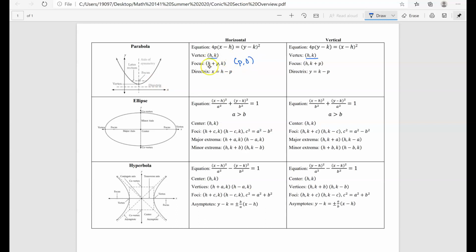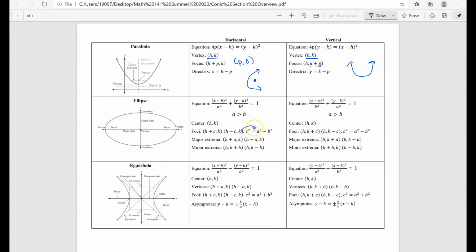Now we have an h, k, so we're going to add the p into the h for this particular parabola, because this is horizontal, so the parabola is going this way, so you're adding it in the h direction. When it's vertical, when it's happy, then you see that the p is being added to the y direction. So basically everything is still the same, we're just extending it to a different location.